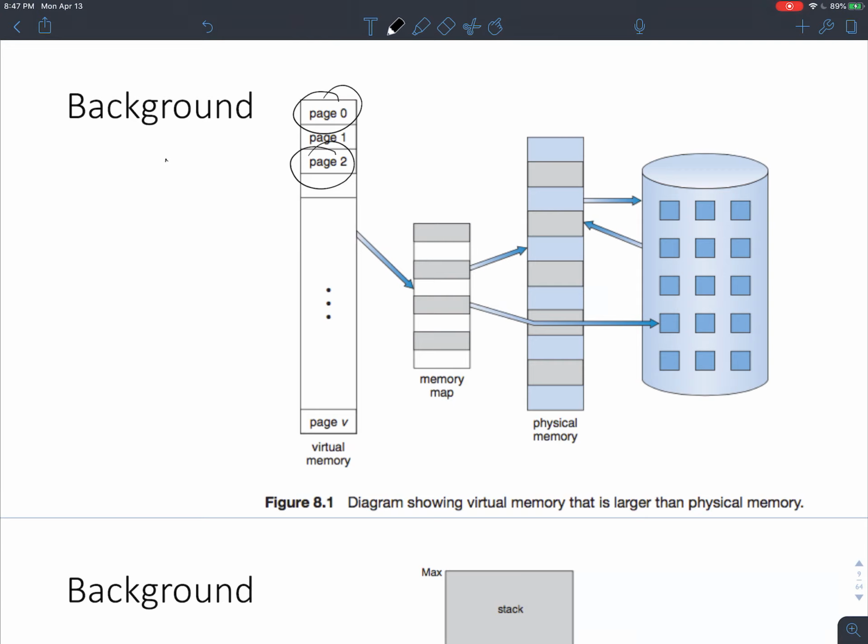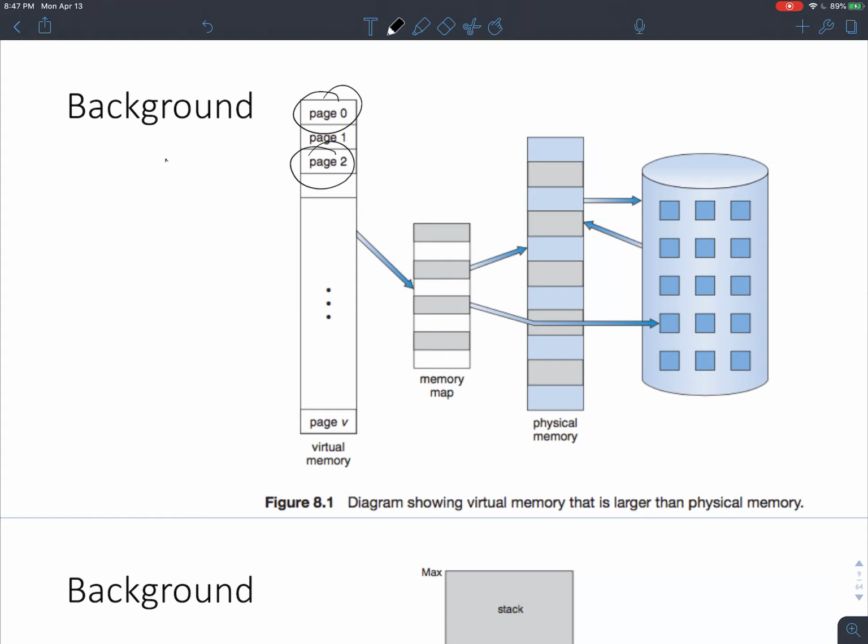With the help of the memory map unit, we can tell which virtual memory pages are loaded in the physical memory and which are still on the hard drive, so that when we want to refer to them, our operating system knows where to get them.